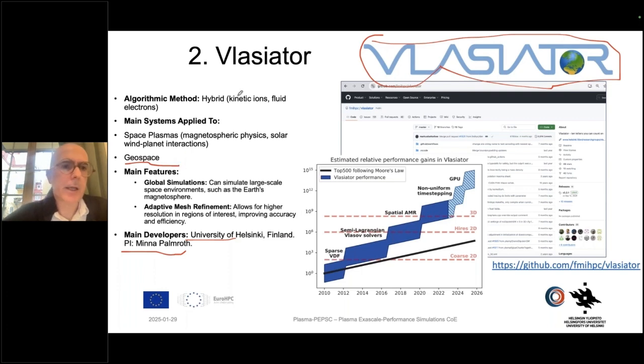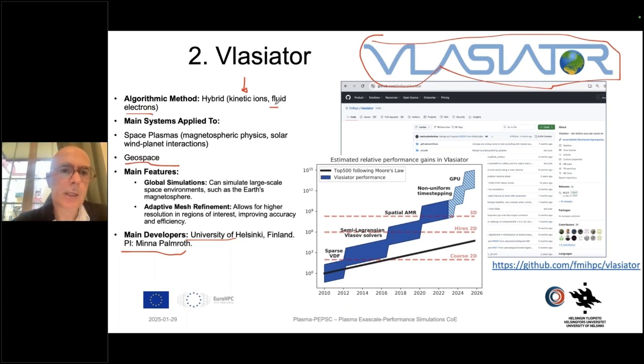It uses a hybrid technique where the protons themselves, often called the ions in the plasma physics community, are modeled through the evolution of the distribution function. So instead of using particles, in this case we are using the discretization of the Vlasov equation, which describes the evolution of the distribution function. And the electrons are described not with a distribution function, but more like a fluid.